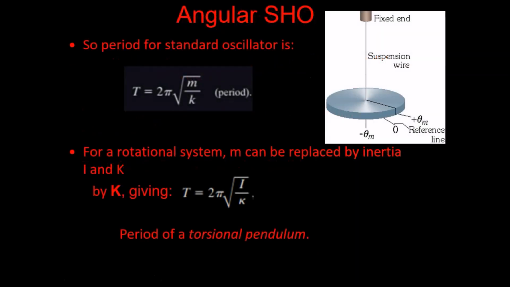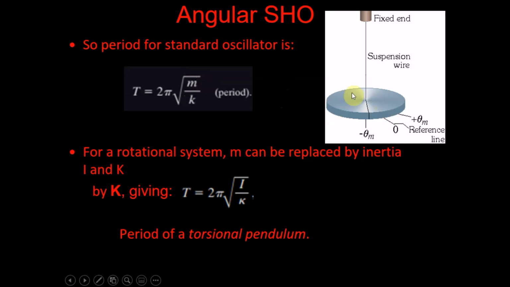Now if we look at a standard oscillator, T was equal to 2 pi root m over k for our mass bouncing up and down on a spring. Now if we look at this situation, we'll have a very similar equation that can be reported for this. Now for a rotational system, we aren't just looking at the mass. If we're to just look at the mass of the system in a mass on a spring, that's fine.